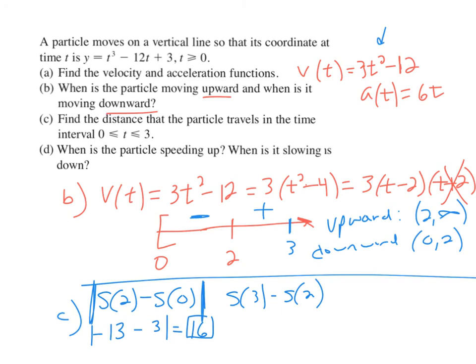If I sub in 3, looks like I get negative 6 minus, if I sub in 2, I get negative 13. And so if I add that up, I get negative 6 plus 13, which is positive 7. And I would add those two together, get my total distance traveled of 23 meters you should have got.